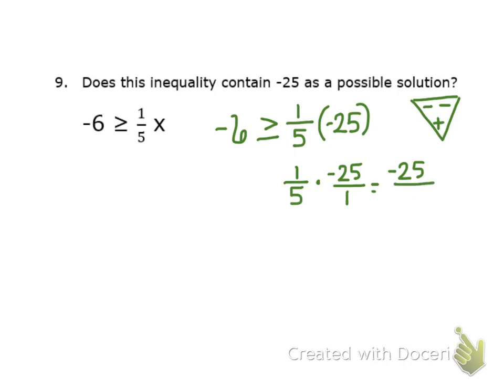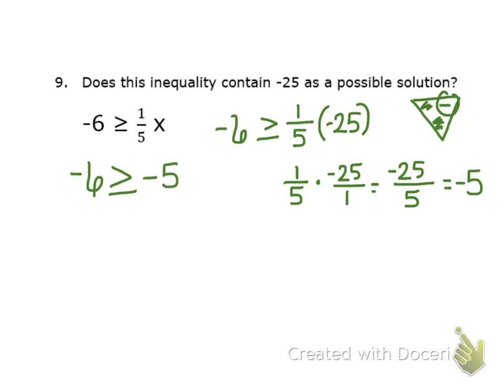Multiply your denominators. 5 times 1 is 5. Now I have negative 25 divided by 5. So first, 25 divided by 5 is 5. A negative divided by a positive gives me a negative. So this means that negative 6 is greater than or equal to negative 5.